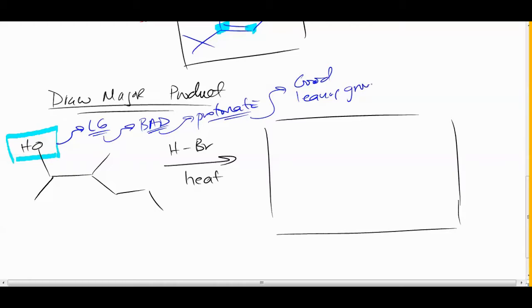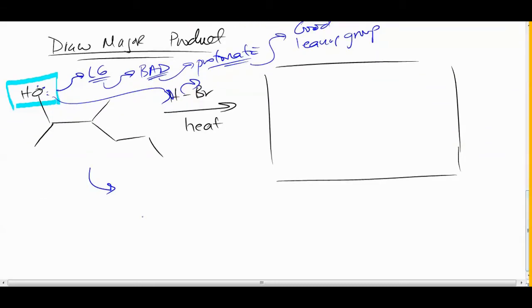So the lone pair is here. It's going to grab and take this hydrogen, and the bond is going to break. First of all, we're going to protonate it. The bond protonates it.